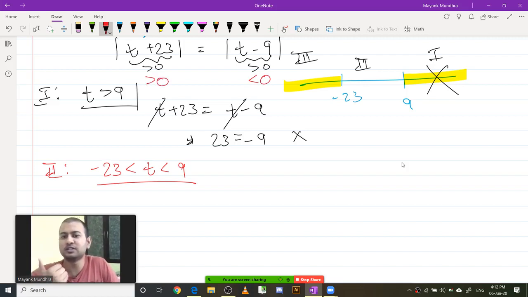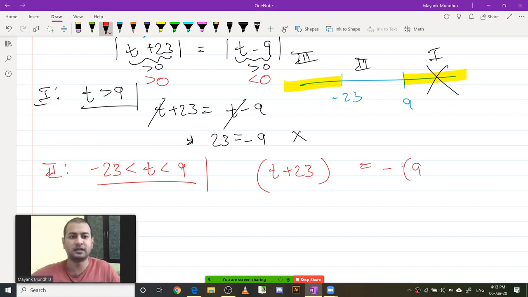This thing will be positive, because anything greater than minus 23 plus 23 has to be positive. So t plus 23 stays as it is, and since this part is negative, the modulus will impose a negative in front of it. So it will be negative of t minus 9.